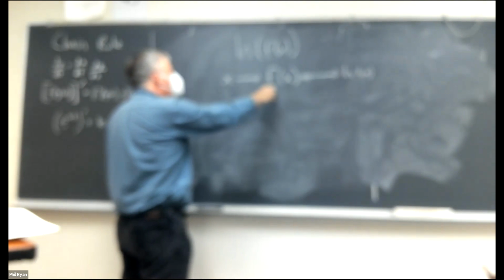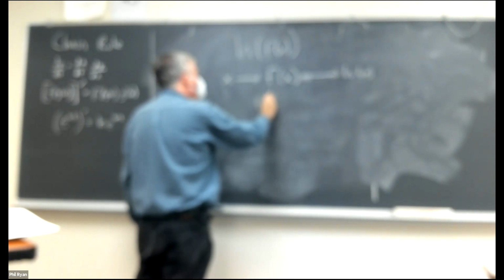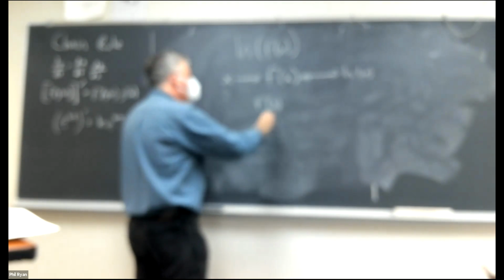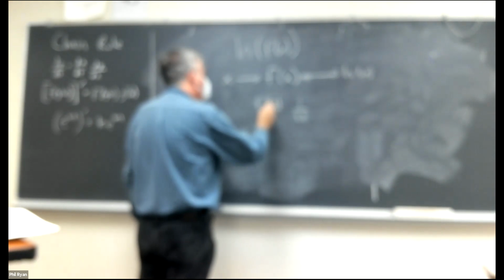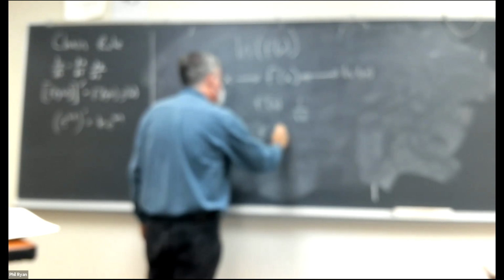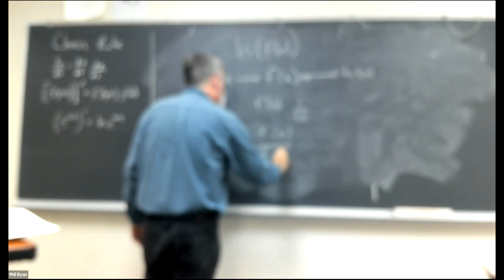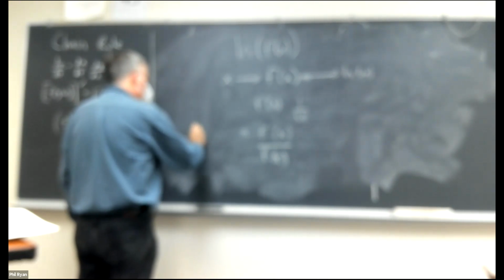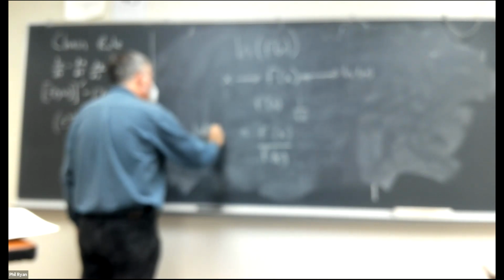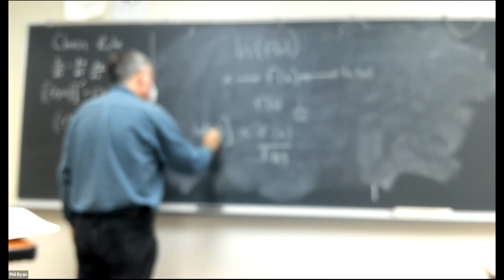And so the derivative of f of x is f prime of x, and the derivative of ln of u is 1 over u, and u is f of x. So the derivative of ln of f of x is always f prime of x over f of x.